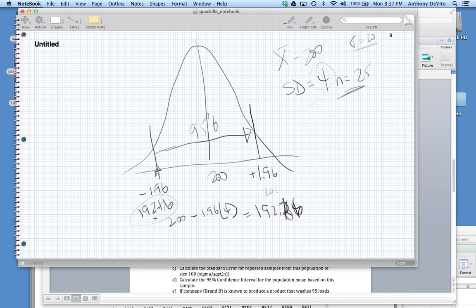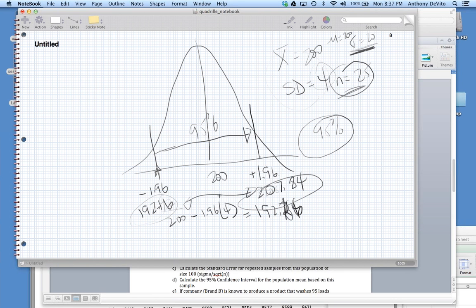With the empirical formula, we would have just said 192, and this is going to be 207.84, because it's 1.96 times 4 instead of just 2 times 4. So that's the range within which I would expect 95% of my sample means to fall if I took a sample of size 25 from a population with a standard deviation of 20 and a population mean of 200.